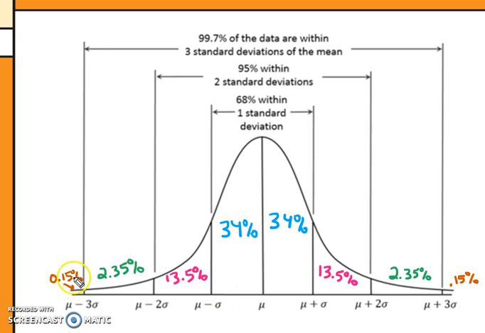And you can kind of see that here. See how this adds to 2.5. And if you added this, 2.5 and 13.5 would give you 16. So if you cut right here, 16% is lower than that. If you want 25% lower than that, you got to come in a little closer. And that's where that 0.675 standard deviations below the mean comes in.